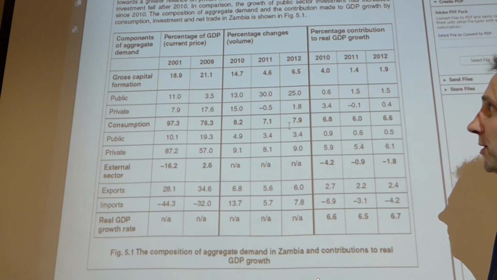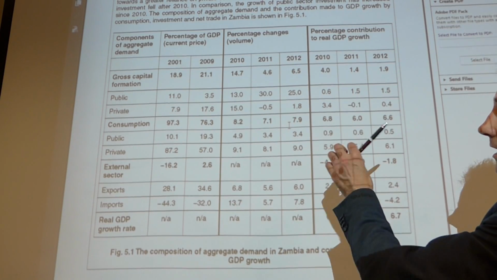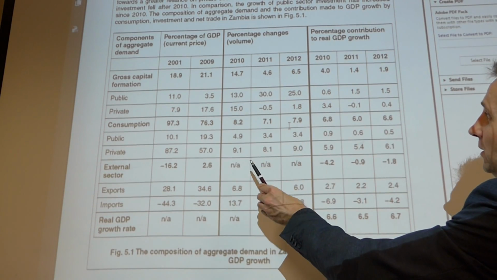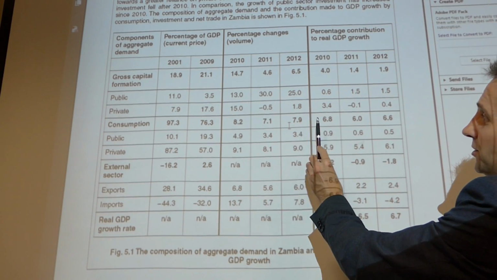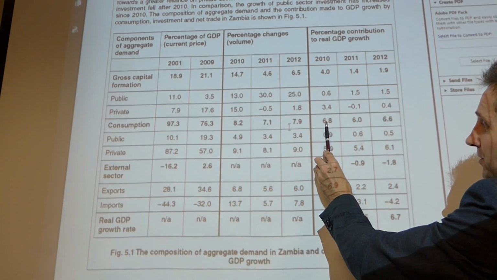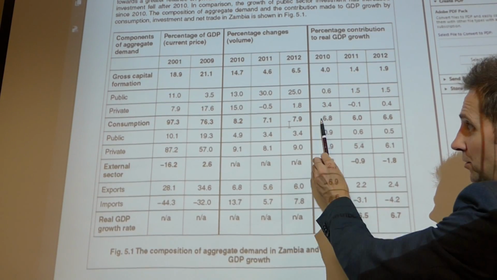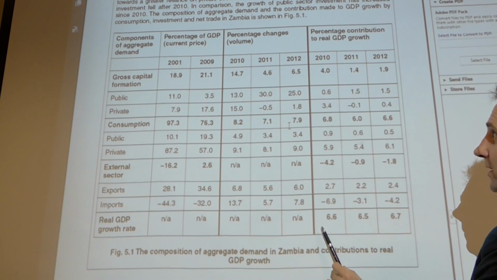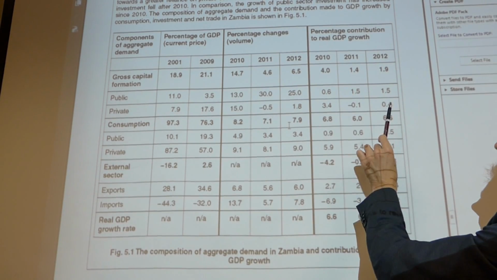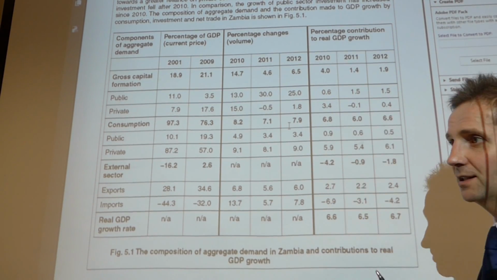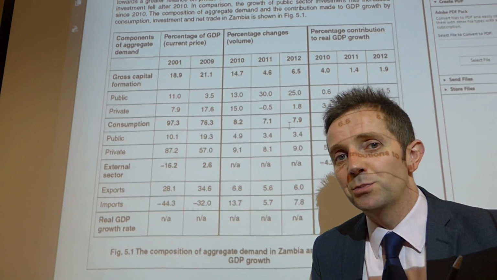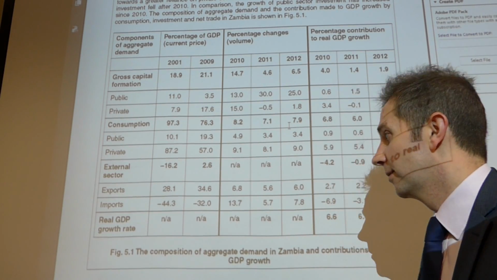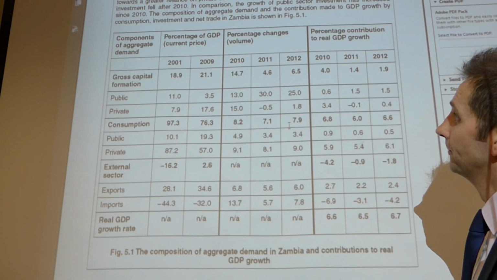You obviously want to point out, first of all, consumption, 6.8%, a 6.8% contribution to an overall growth rate of 6.6, 6.0 to 6.5, and then 6.6 to 6.7. So consumption again being the key driver of growth in this economy.